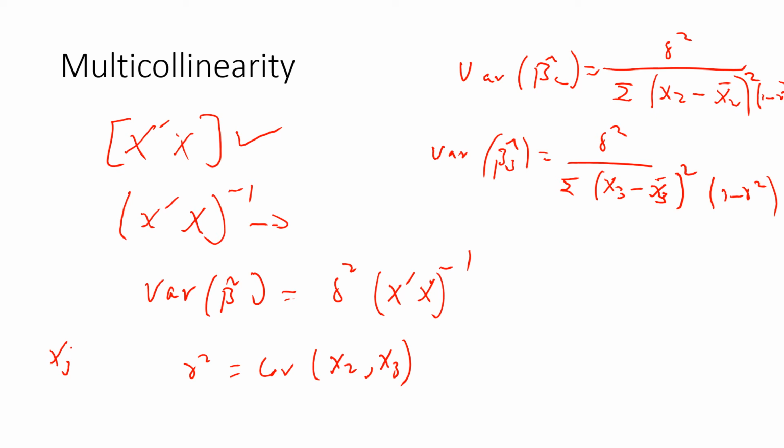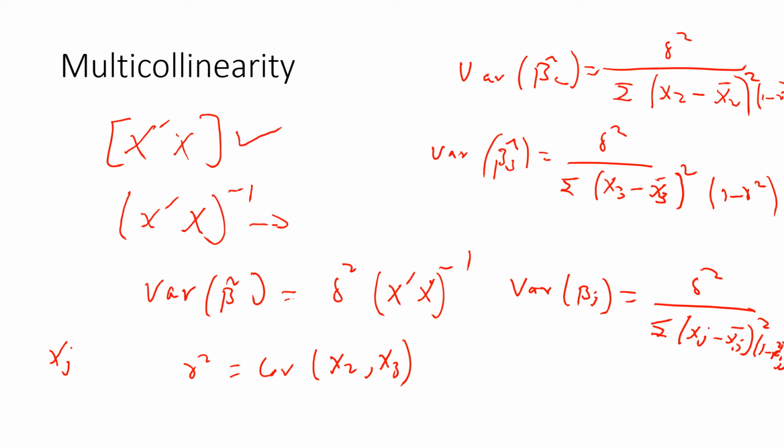Extending this to more than two explanatory variables, the variance of bj will be given by sigma square over the summation of xj minus xj bar, whole square, into 1 minus r square, where this r is of j. So this is the most generalized form.